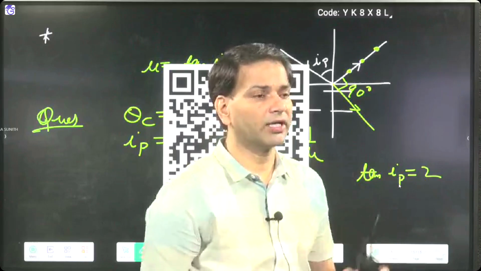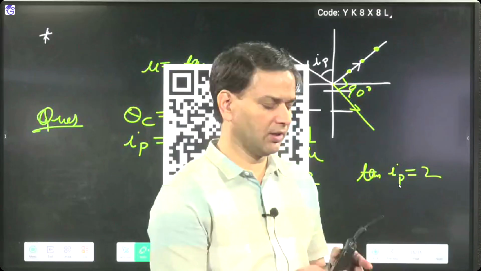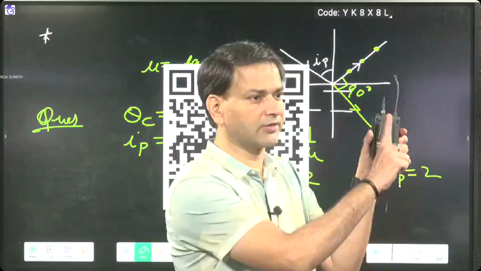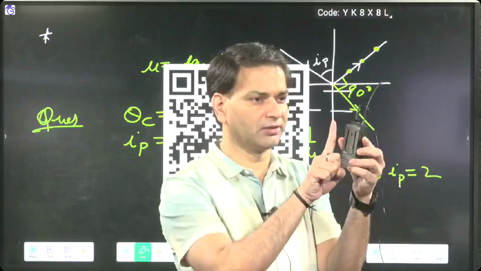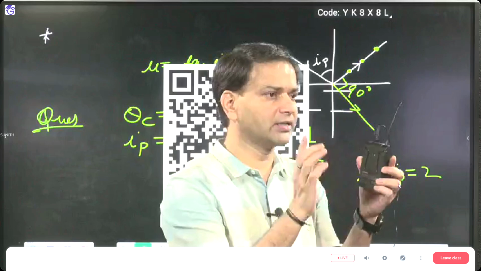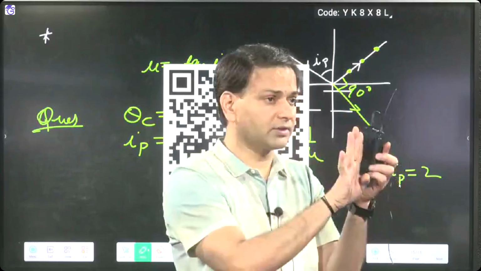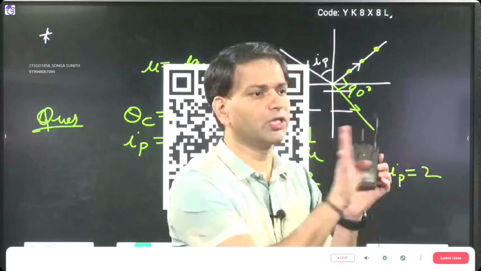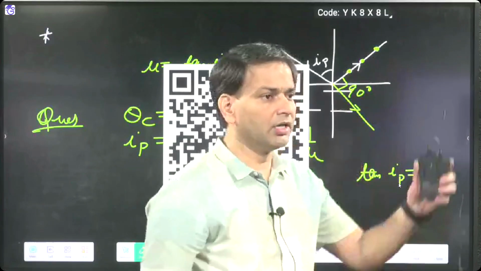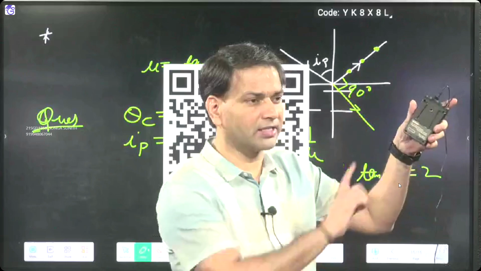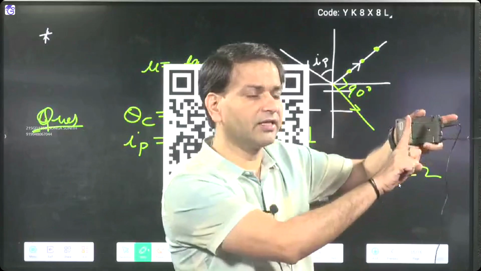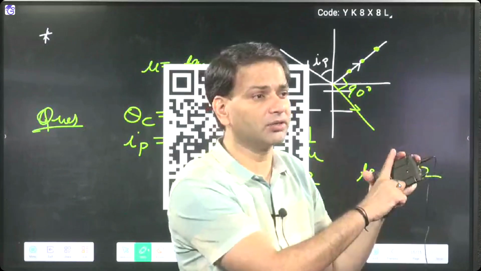Polarizer line, what I said: suppose this is the polarizer and this is the reflected beam, both are parallel to each other. When you put the polarizer in the path of the reflected beam, it first transmits maximum intensity since both are parallel. Now when you start rotating the polarizer, the intensity starts decreasing, Malus law, I cos square theta.